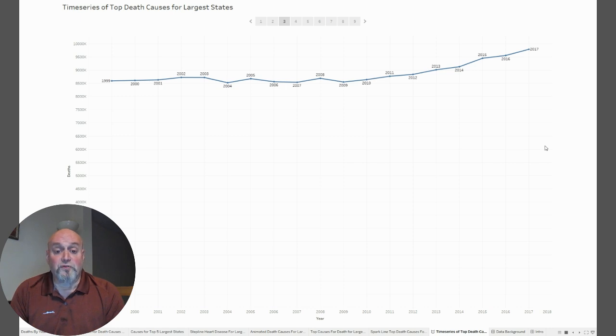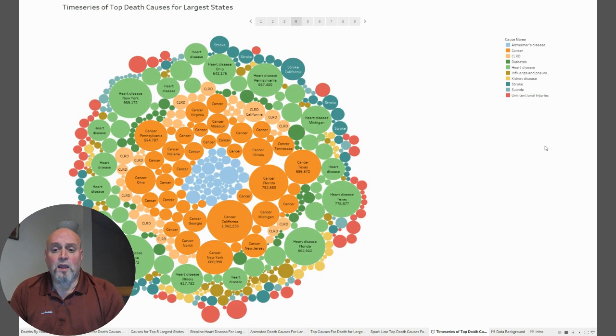So no cause for alarm. Now, this is a nice visual which shows the various different types of causes of death in the United States altogether. And you can see right here that the most prevalent are heart disease and cancer.